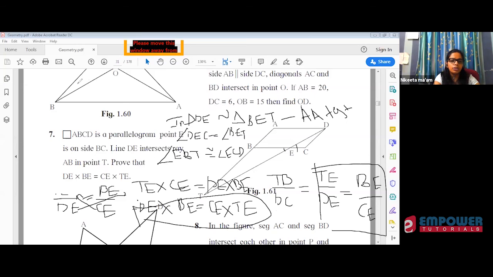Write it down. So basically you have to prove that these two triangles are similar. After that you have to show the sides, and after that you have to take two sides from that and then show that these are equal.